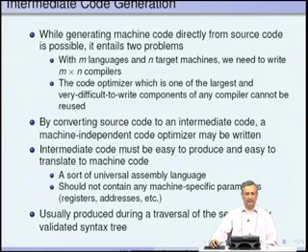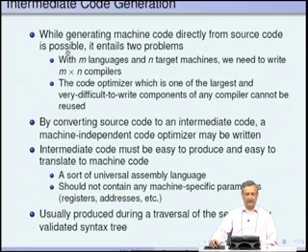Hardly any part of the compiler can be reused, and there is a lot of effort in writing a fresh compiler. The first part of a compiler can always be reused, that is the lexical analysis, the syntax analysis and the semantic analysis, whether we are generating intermediate code or machine code.